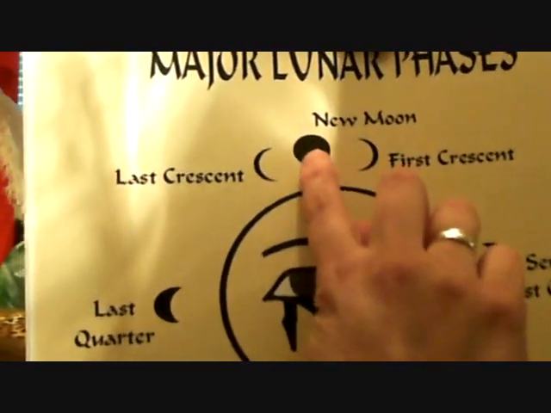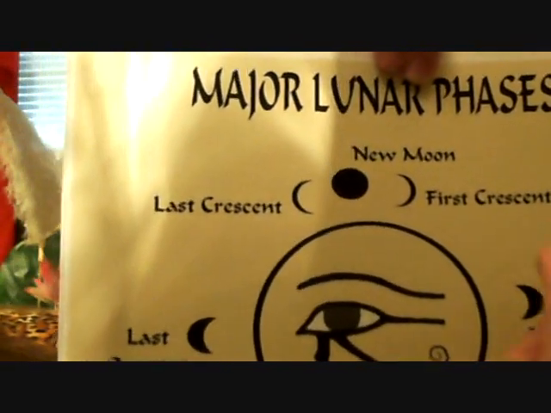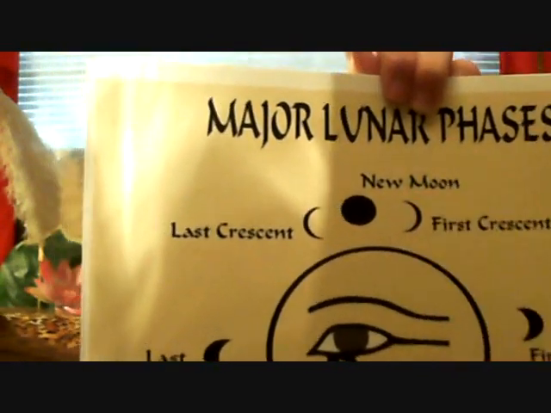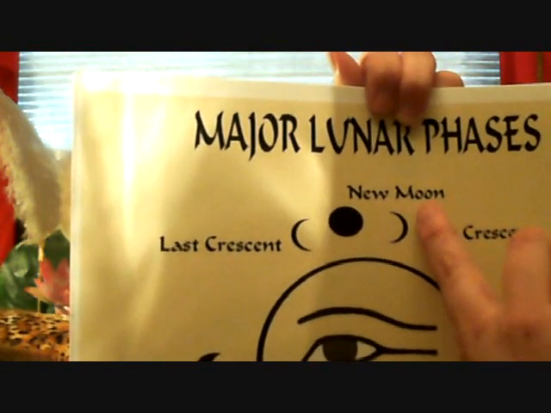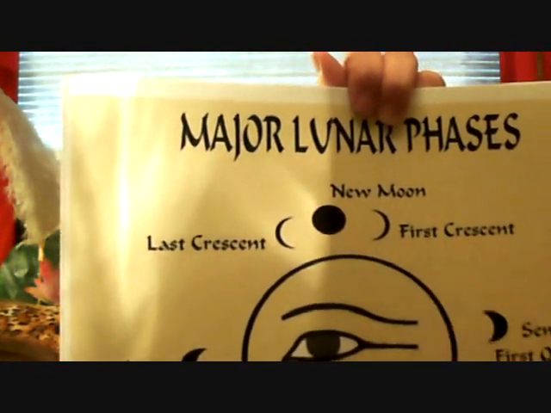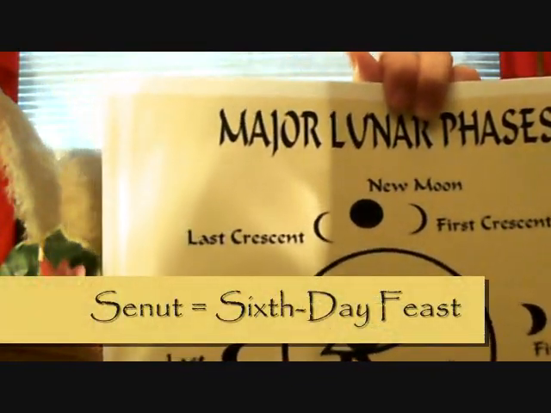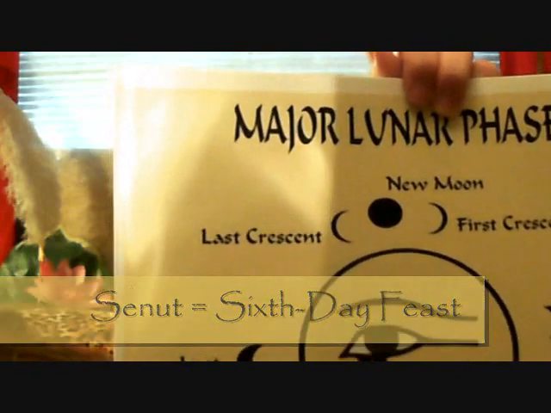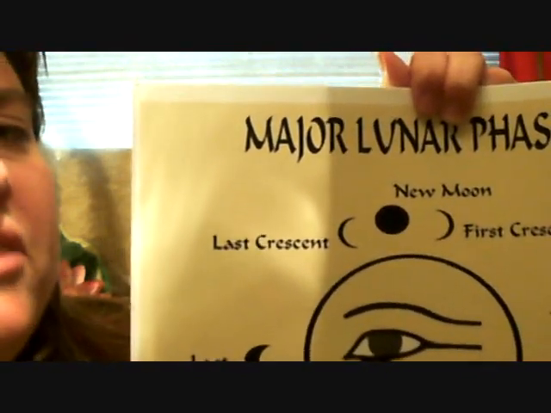At the new moon, it was wounded, at its hidden point. First crescent, it's starting to heal. And that was called Abed. Then a few days later you have Senut, which is the sixth day feast, and then first quarter, which can be one to two days afterwards.